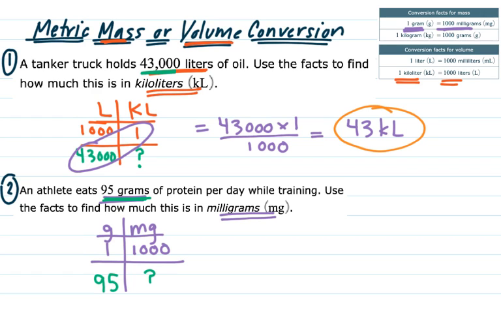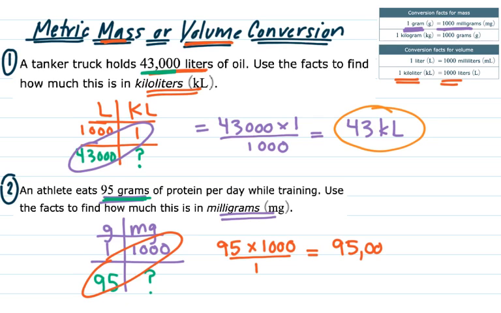And we want to know what is that in milligrams. So we will cross multiply 95 times 1,000, divide by 1, that's 95,000 milligrams. So in this case, 95 grams is equal to 95,000 milligrams.